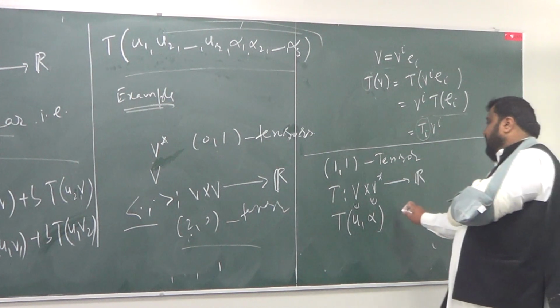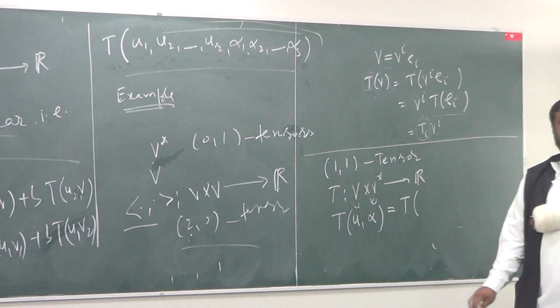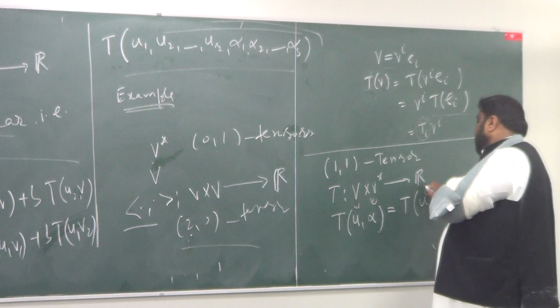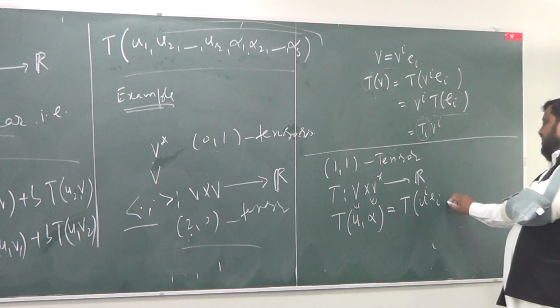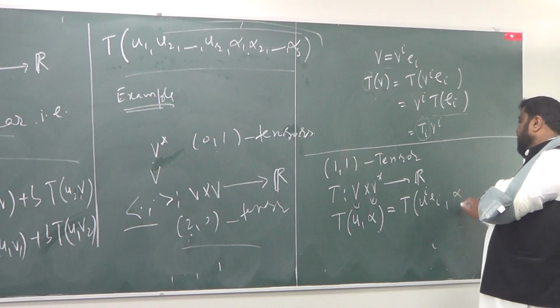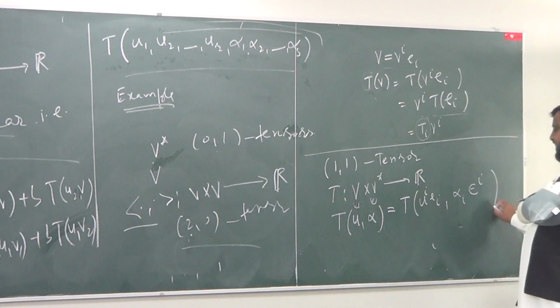For knowing this, we have to write U as U^i e_i, comma alpha as alpha_i epsilon^i. You have to keep one thing in mind.